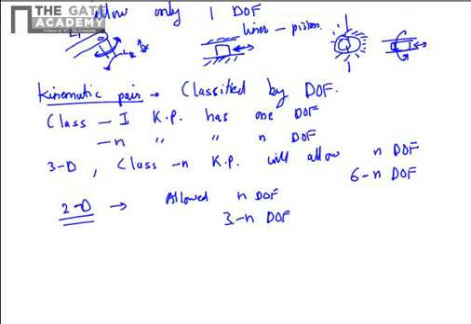Because in 2D we have basically 3 degrees of freedom, that is the maximum. In 3D we have 6 maximum degrees of freedom. So out of all 6, if only n degrees of freedom are allowed, then all the others are constrained. This is a simple definition for a class n kinematic pair.